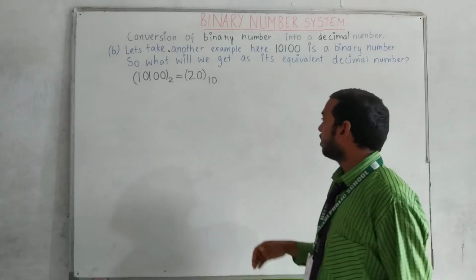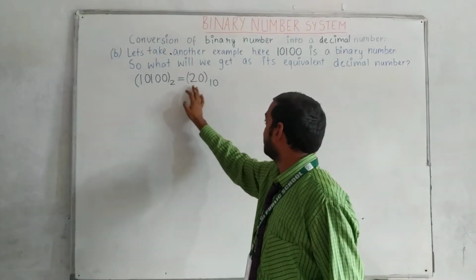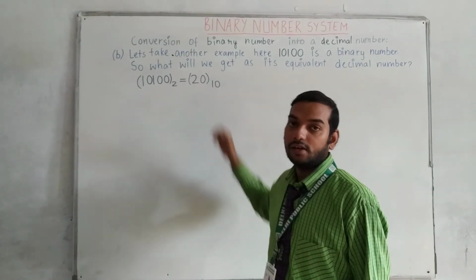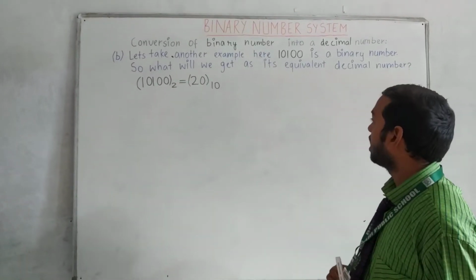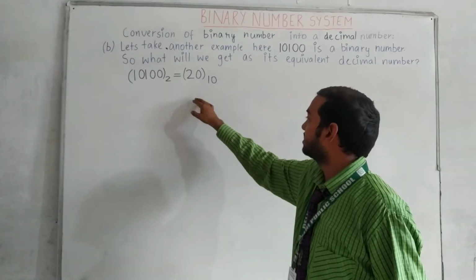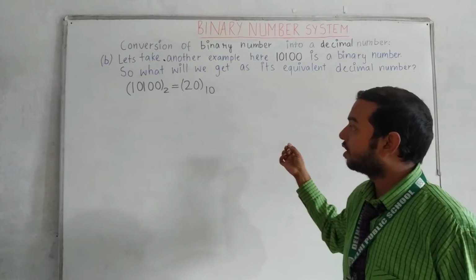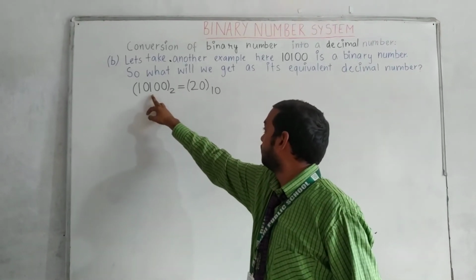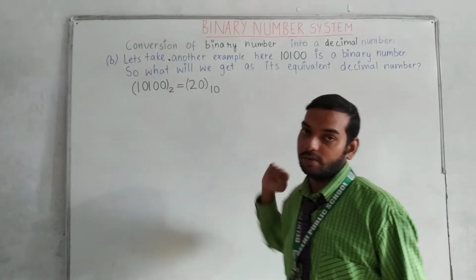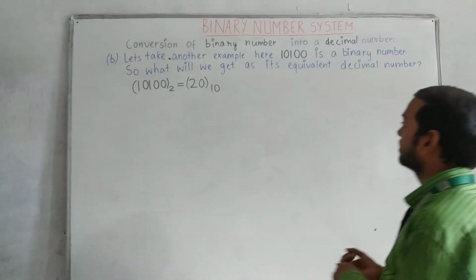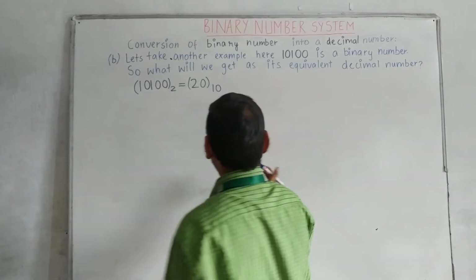As I have already mentioned, its equivalent decimal number will be 20. So let us see how we will get 20 as the equivalent decimal number of the binary number 10100.